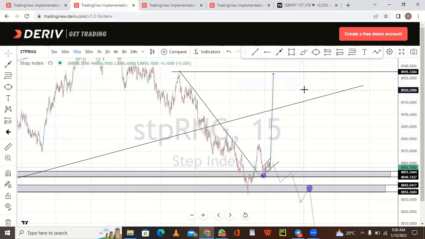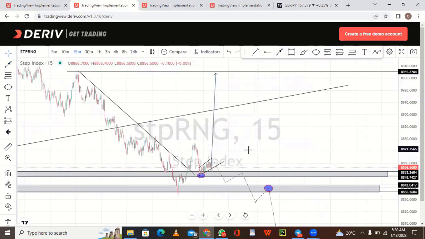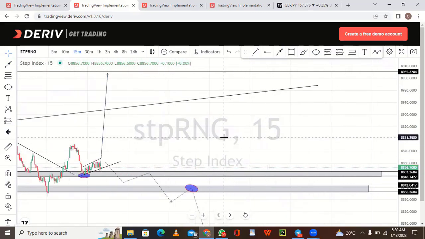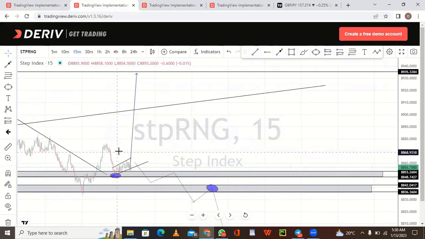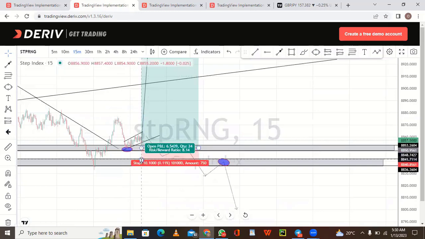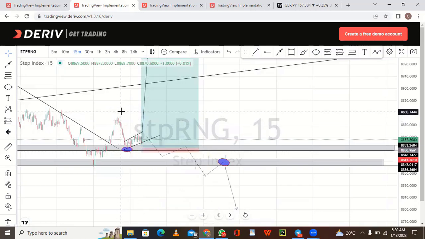I'm looking out for my candlestick confirmation. If I see a good candlestick confirmation that tells me to place an order, I am going to enter this market for a buy, enter from here and take it all the way up, putting my stop loss just below my entry. So that's that about that.